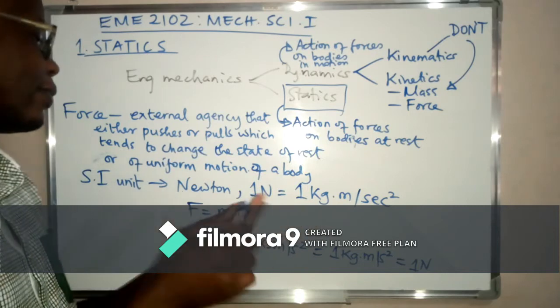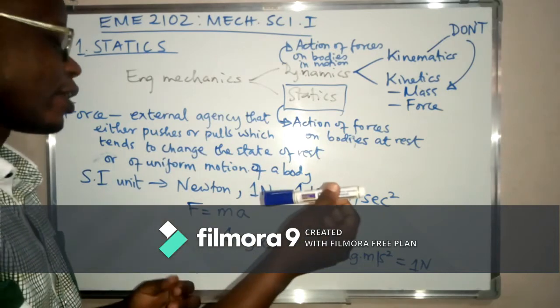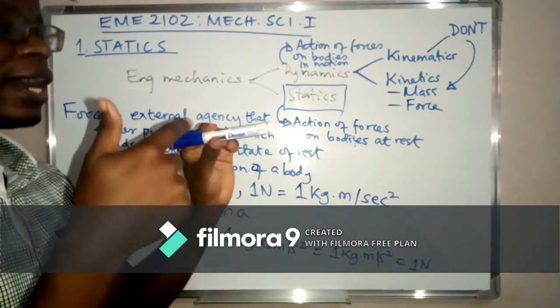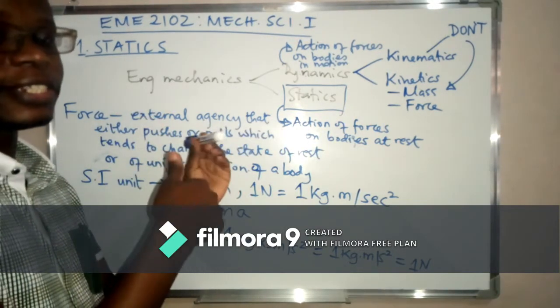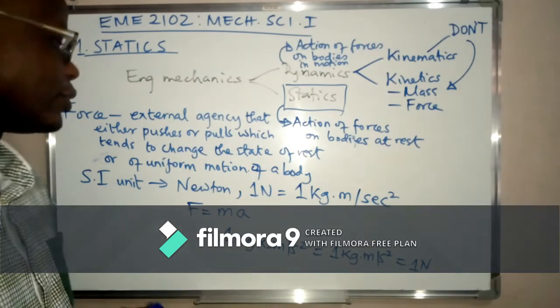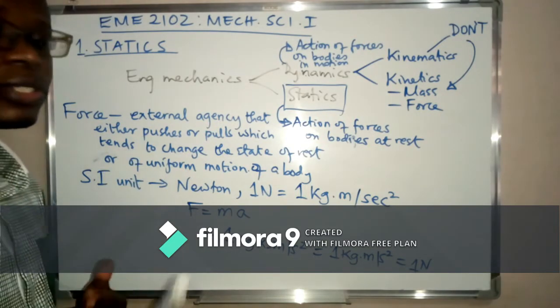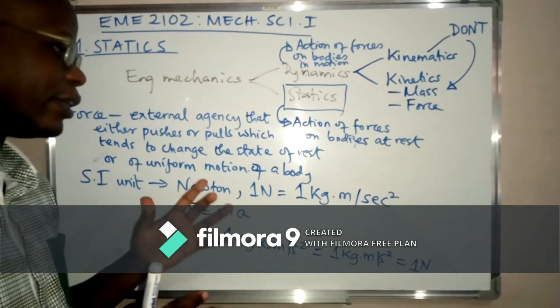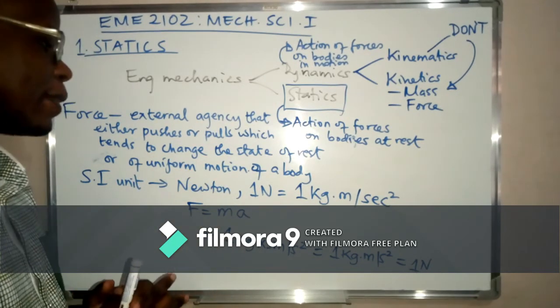The next scenario is where we have a body moving in uniform motion, but a force may come in and change the direction of motion. So that is the effect of force on bodies that are either stationary or in motion.